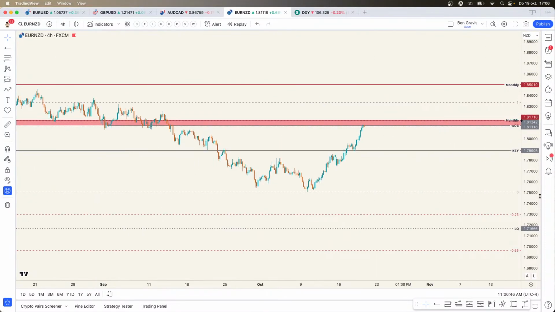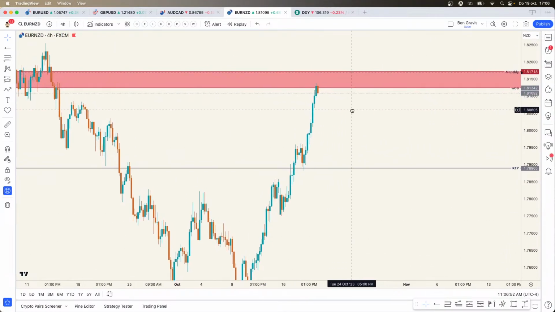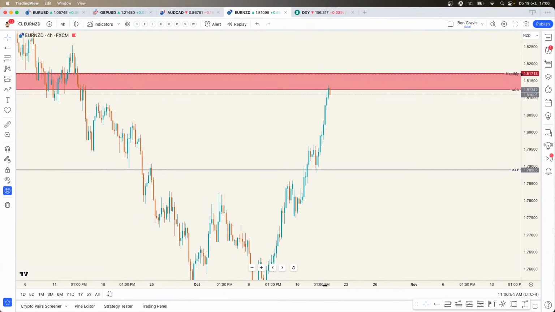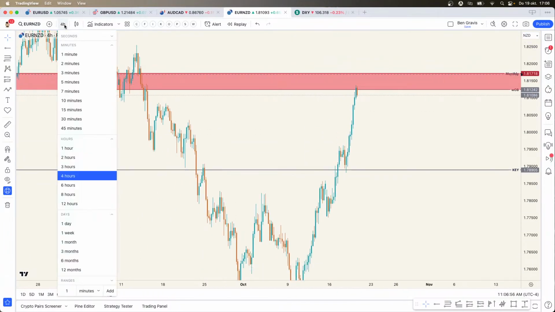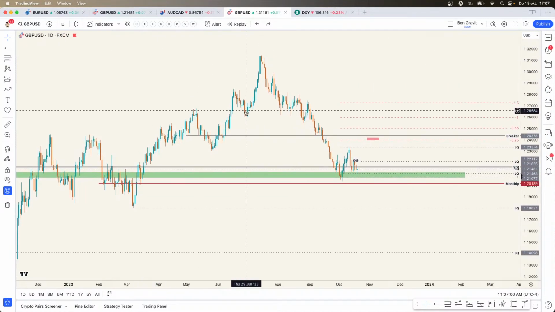Maybe even tomorrow. Watch this 4 hourly chart. First, we need some type of slowdown.